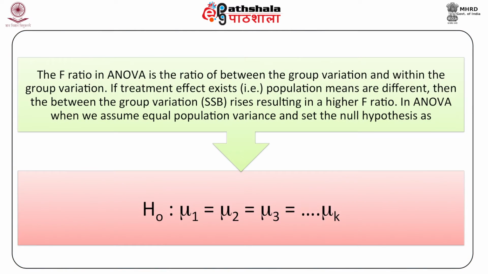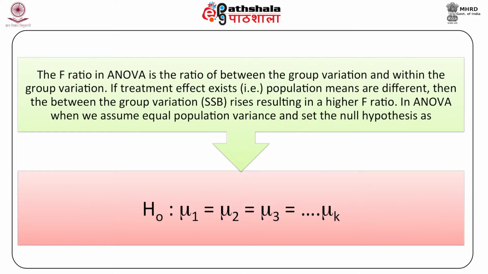The F ratio in ANOVA is the ratio of between the group variation and within the group variation. If a treatment effect exists, that means population means are different, then the between the group variation, which is SSB, rises, resulting in a higher F ratio.